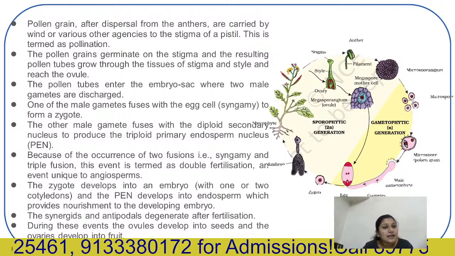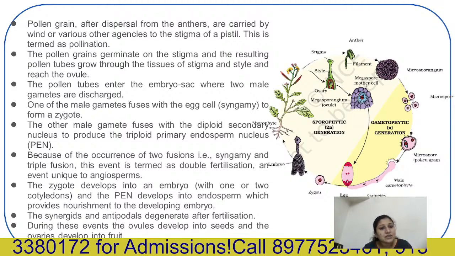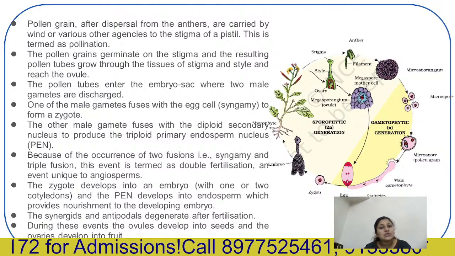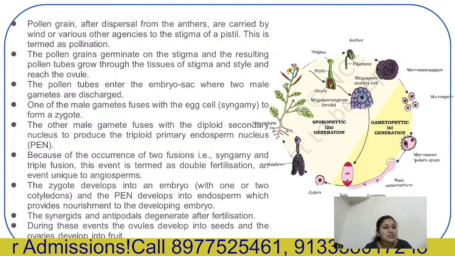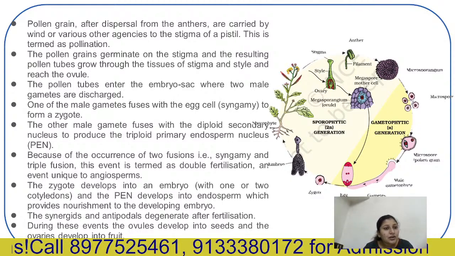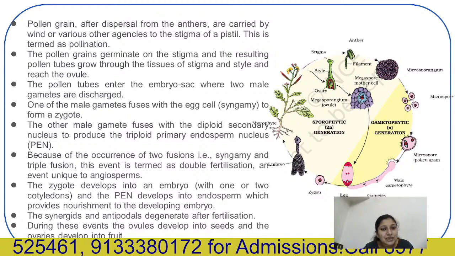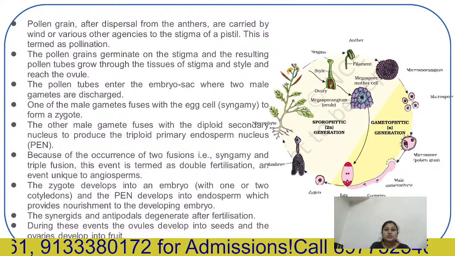The pollen grain, after dispersal from the anther, is carried by wind or various types of agents to the stigma of the pistil. This is called pollination. The pollen grains germinate on the stigma and there will be pollen tube formation. The pollen tube enters the embryo sac where 2 male gametes are discharged.